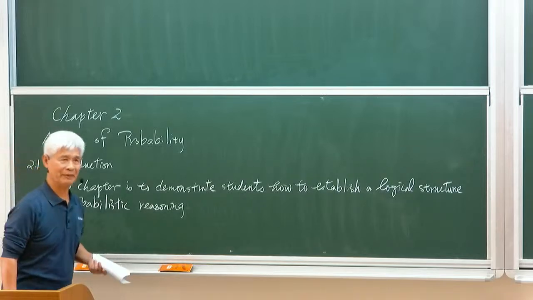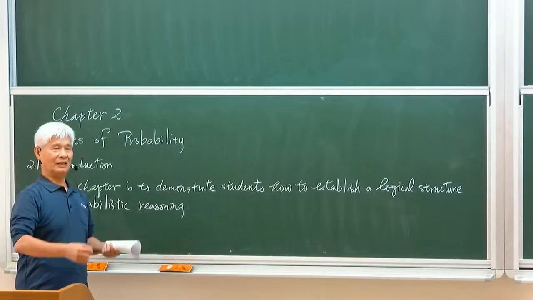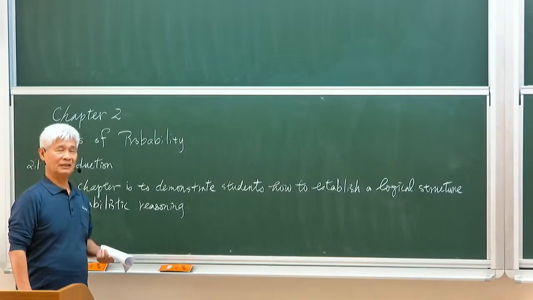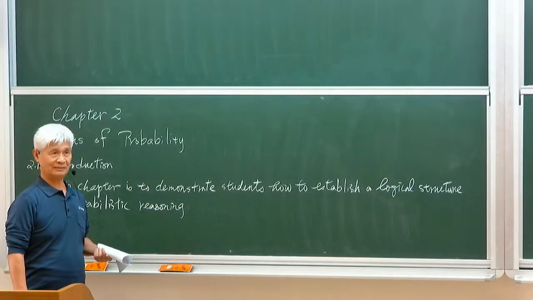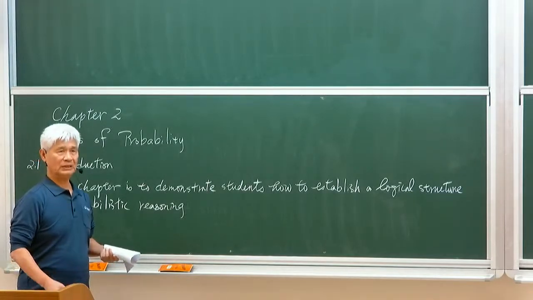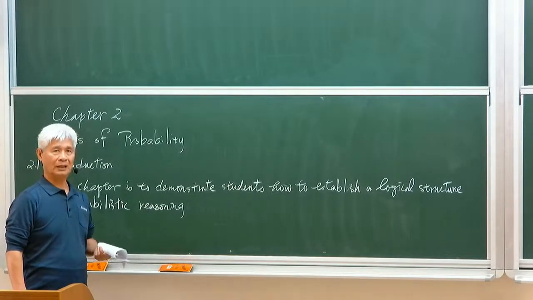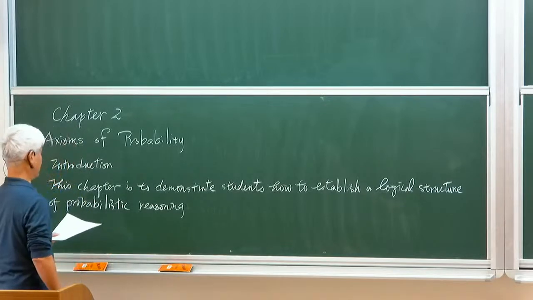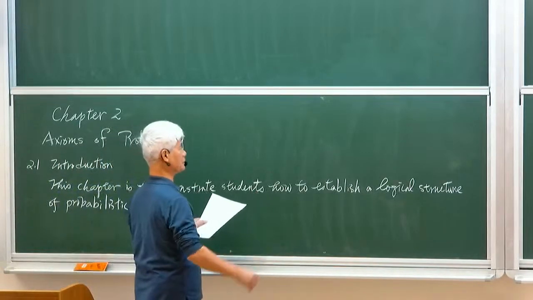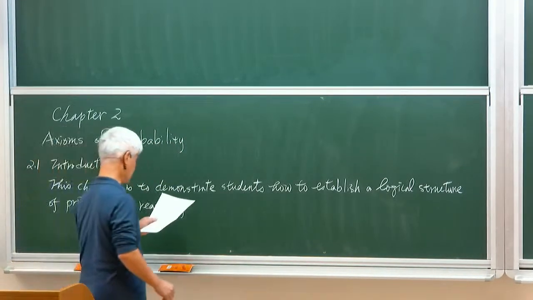So you have to estimate the probability to earn money. If the probability is low, given your up-to-date knowledge, then you don't want to invest your money in that asset. Only with a high probability, as you estimated, will you invest your money into that. So this is a kind of probabilistic reasoning. And we would like to establish a logical structure that tells you how to do such kinds of reasoning.